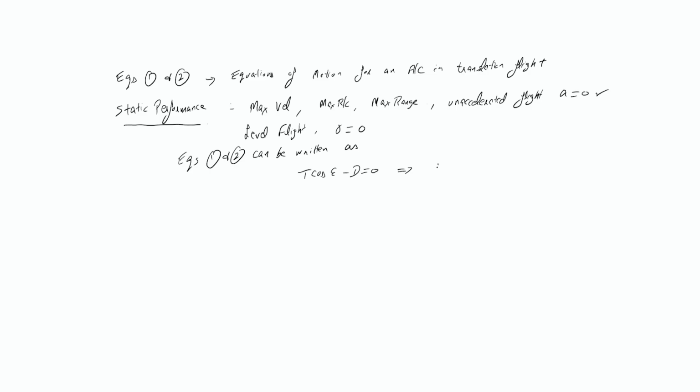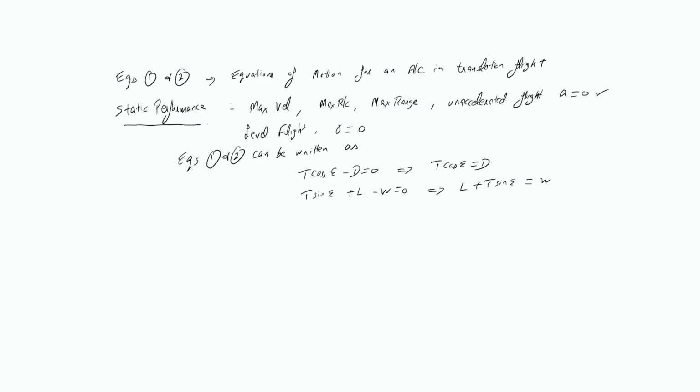So here we get T cos epsilon equals D, and the second equation reduces to T sin epsilon plus L minus W equals 0. So this becomes L plus T sin epsilon equals W.